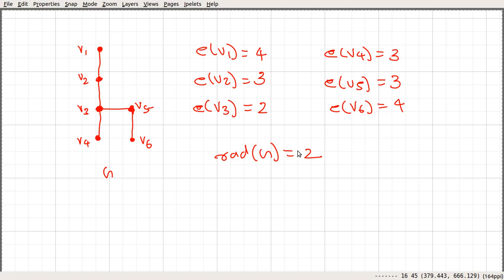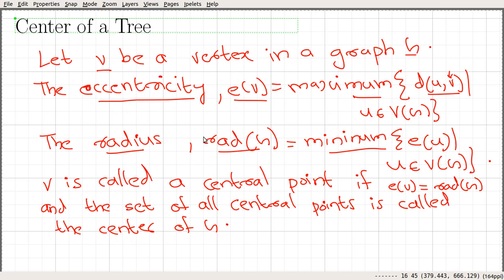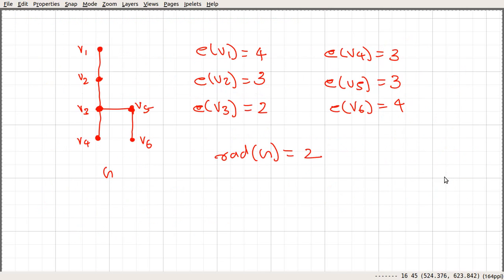Okay. And once you have the definition of radius, we can define what is called a central point. A vertex V is called a central point if the eccentricity of that vertex is equal to the radius of the graph G. Okay, for example, if you look into this graph, we can see that the eccentricity of V3, E of V3, is exactly equal to the radius of the graph, which is equal to 2.